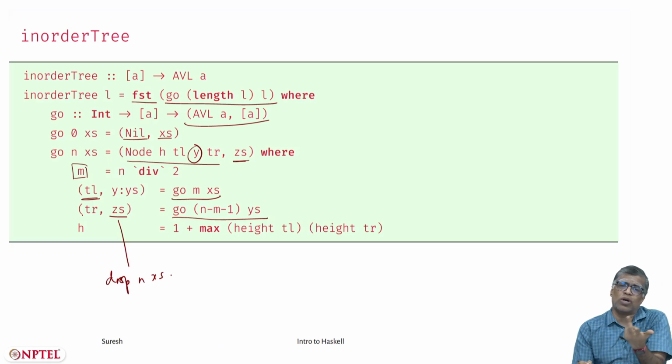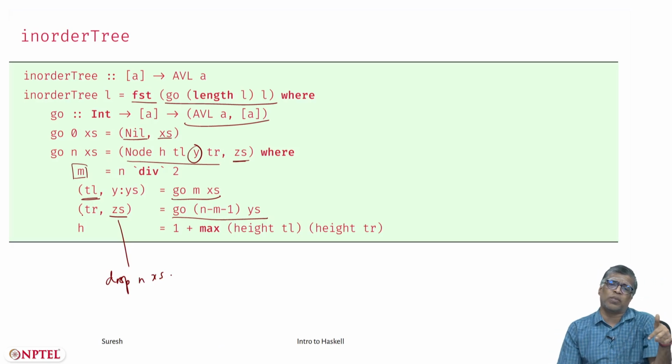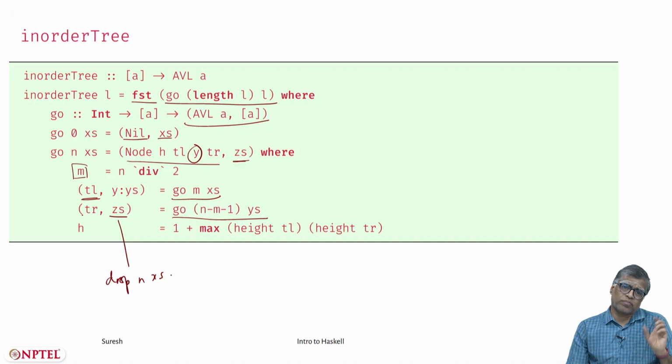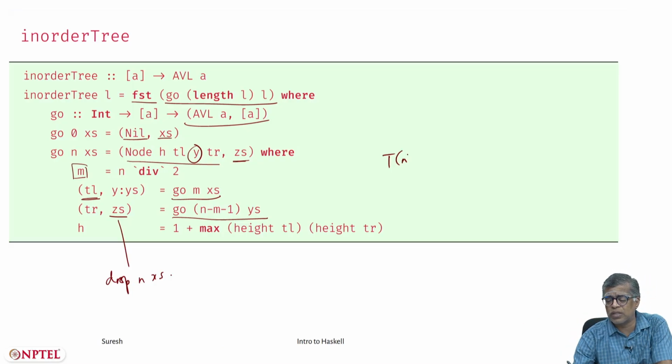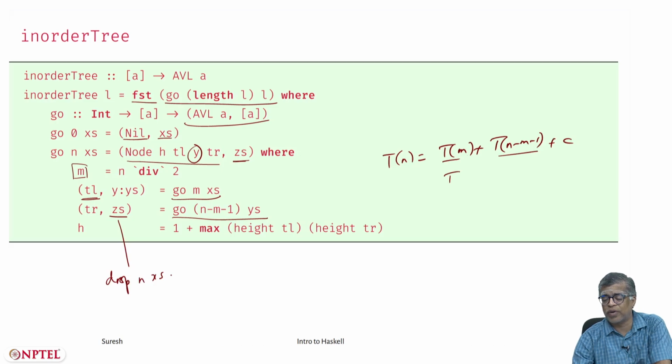So there are just two recursive calls: go m xs and go n minus m minus 1 ys. Here the time complexity only depends on the number n minus m minus 1 or m; it does not depend on how large the list is. So you will see that T of n is T of m plus T of n minus m minus 1 plus some constant, but this is like T of n by 2.